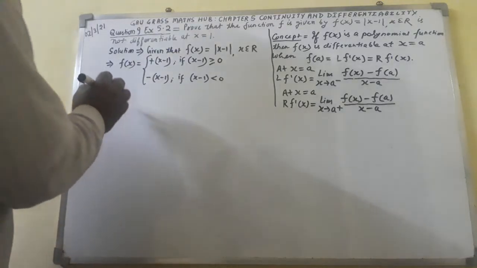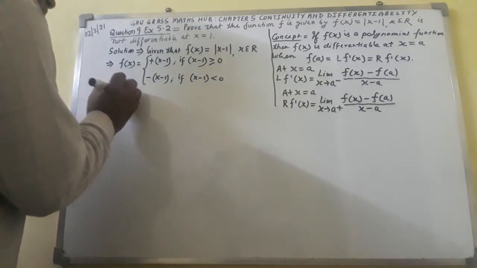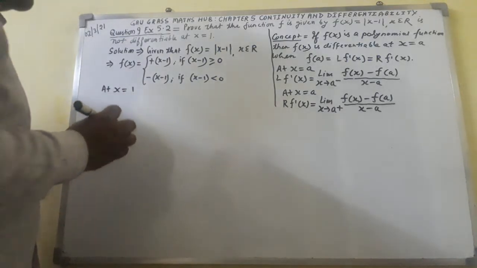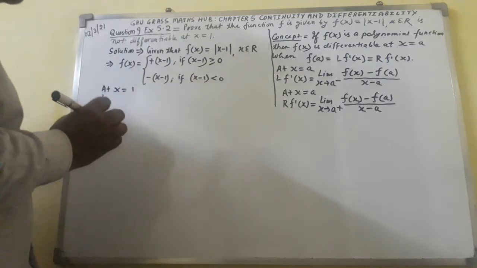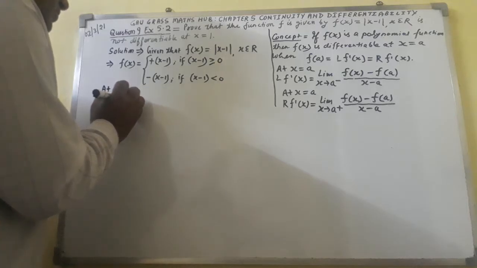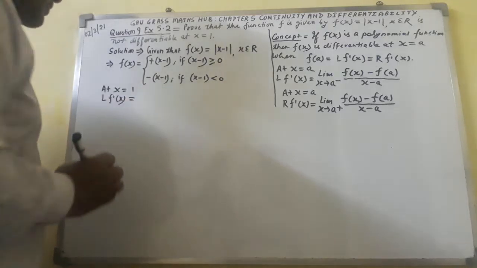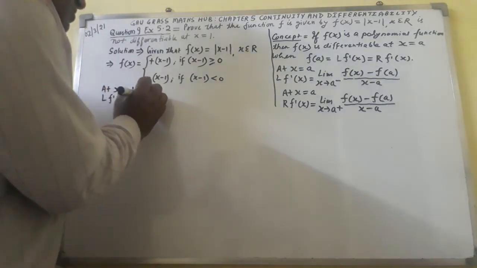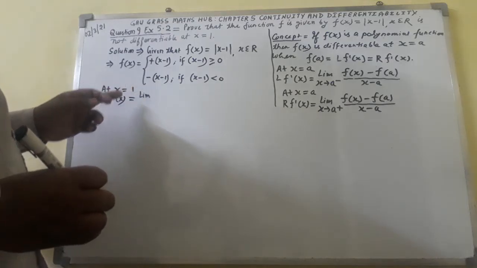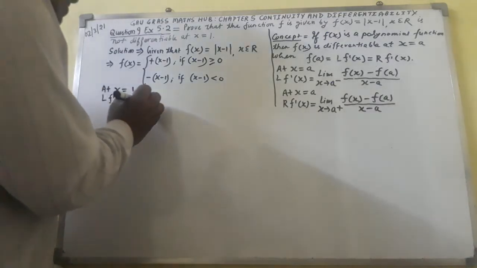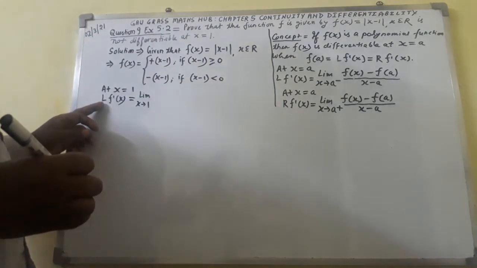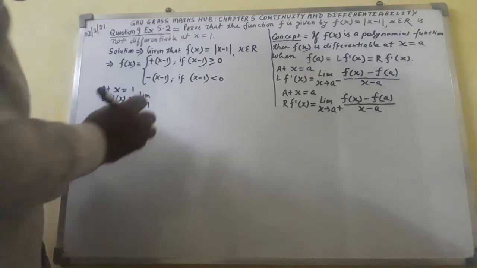So here I shall write at x equal to 1, left hand derivative of f of x equal to lim, here x equal to 1 is written. In this sense, here I shall write x tends 1. Here since left is written, for left I shall write here negative.